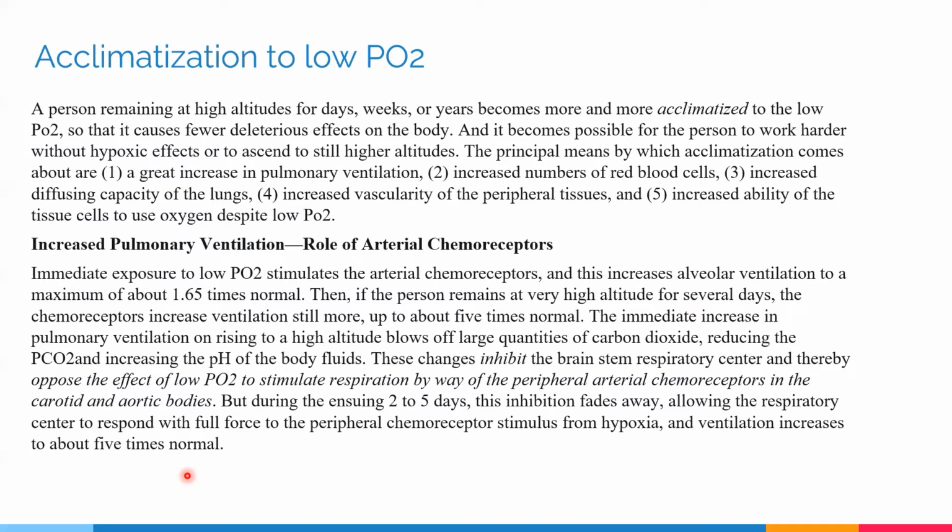But after 2 to 5 days that a person remains at a high altitude, this blow-off of carbon dioxide is no longer the major source of control for pulmonary ventilation, as this inhibition fades. The body then moves towards low oxygen, or hypoxia, as the major marker for how much pulmonary ventilation is required. And after 2 to 5 days, the pulmonary ventilation increases little by little to about 5 times normal in order to maintain normal oxygen conditions even at higher altitudes.